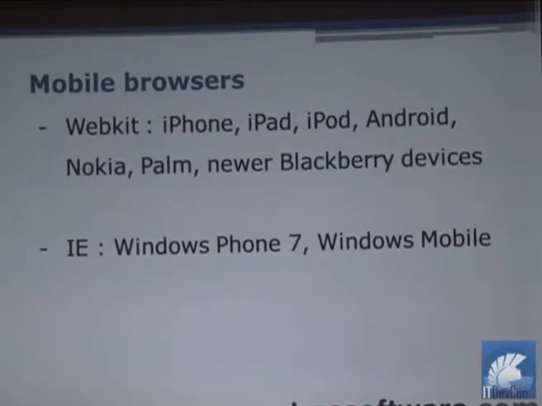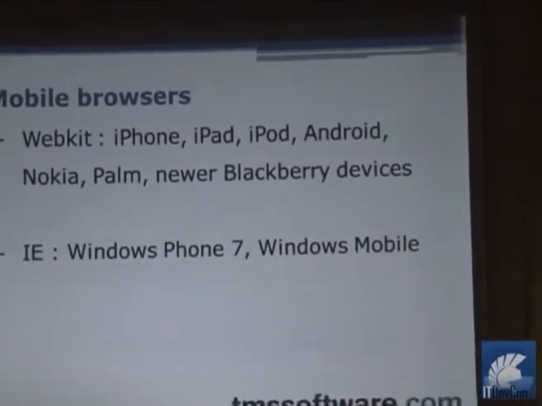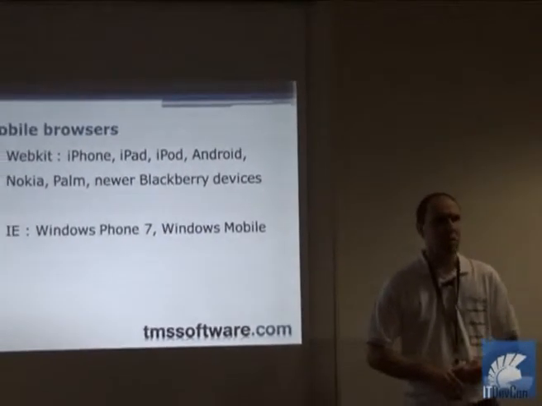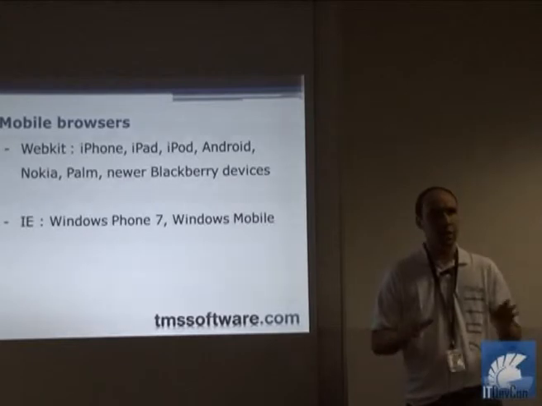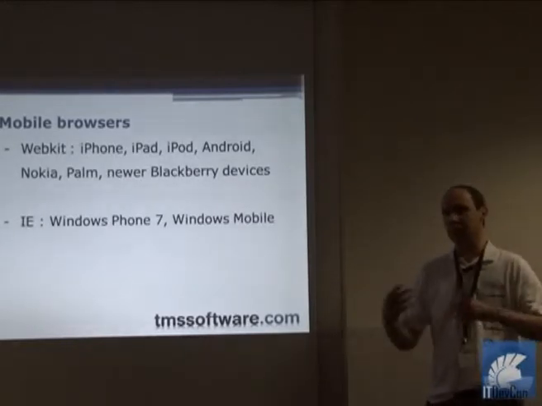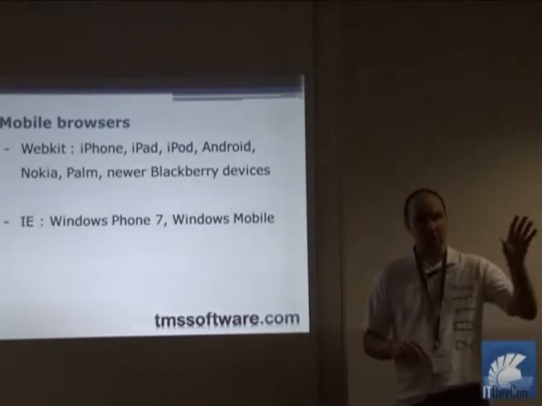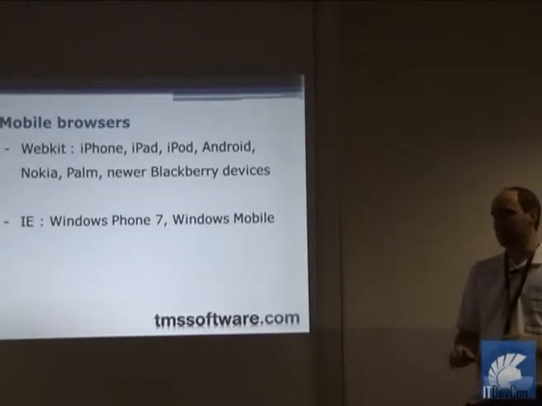Then 2 categories of modern browsers remain, which are browsers that are based on the WebKit engine, and Microsoft is an exception here, the only one in a different position. Their Windows Phone 7 and also their older Windows mobile devices, Pocket PC devices, they use the Internet Explorer engine. So it's important to know that if you target mobile devices today, you're mainly looking at 2 engines. WebKit engine one side, overwhelming majority, and Internet Explorer engine on the other side.